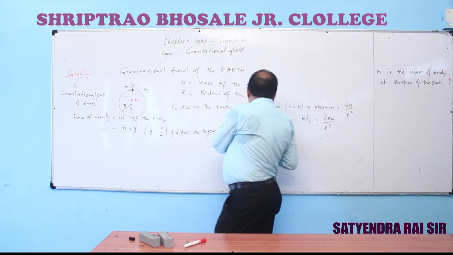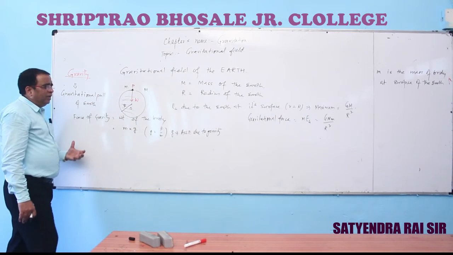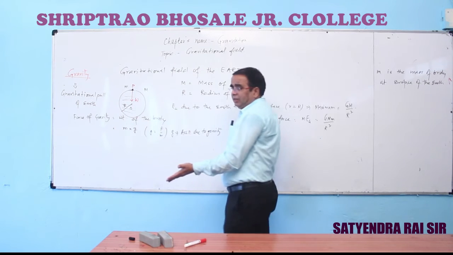This is the gravitational force experienced by the body, and here we also see that this gravitational force and the force of gravity of the body are both similar things, right?